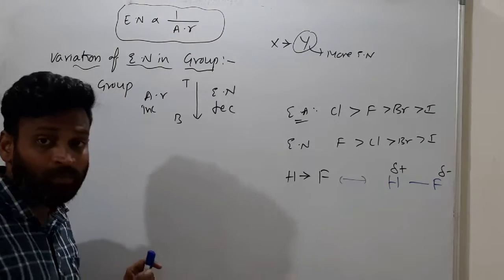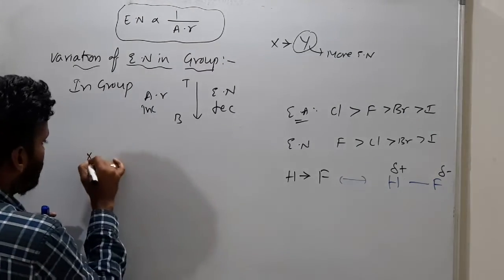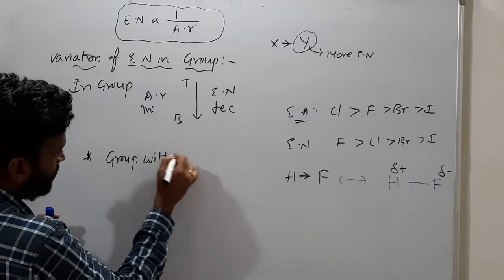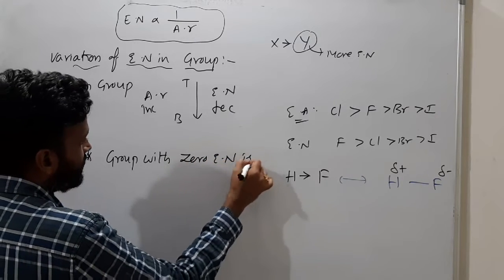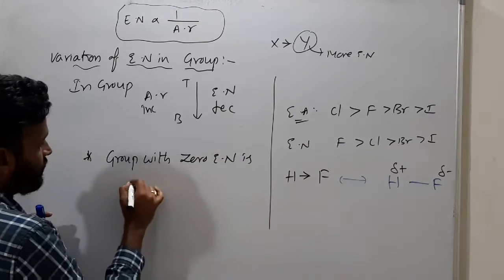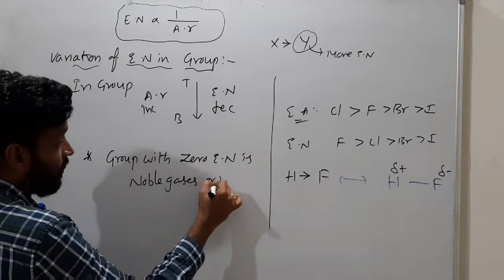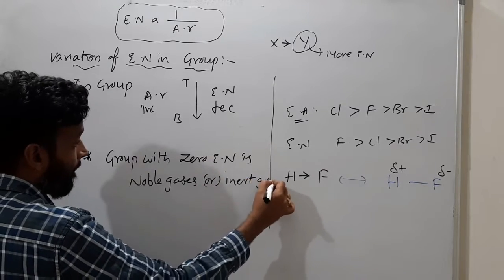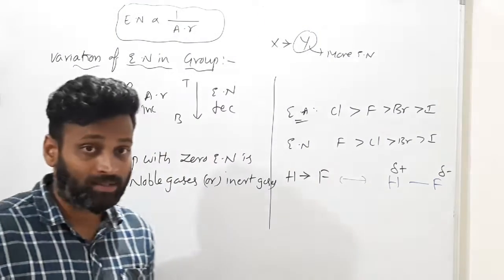So what I said, electronegativity in a group decreases from top to bottom because atomic radius increases. And one more important thing: the group with zero electronegativity, do you know which? Noble gases, or inert gases. Few people ask if the electron affinity is 0 for noble gases.